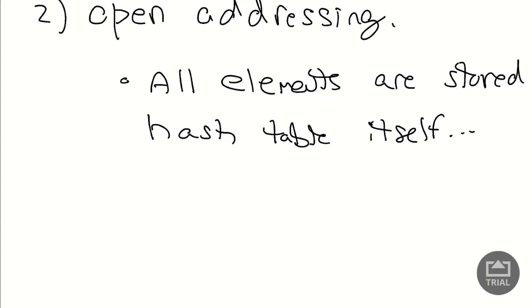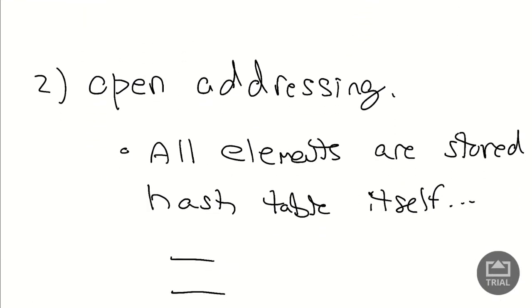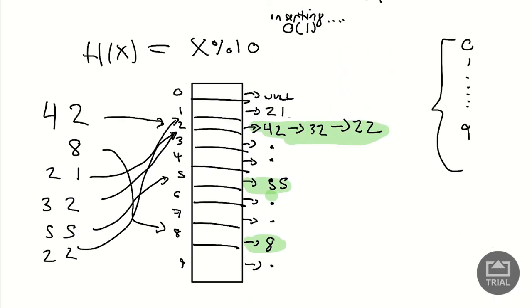Now, there's different kinds of open addressing, and that's going to depend on how you decide where things get stored. So before I show those to you, and I'm not going to get through all of them today, I'm going to show you kind of what I'm talking about here. So let's take the same numbers that we had before, actually. In fact, let's just take this whole thing.